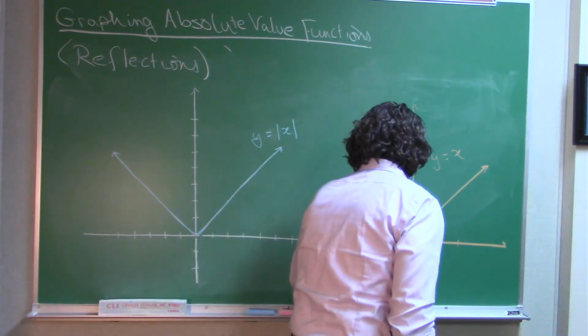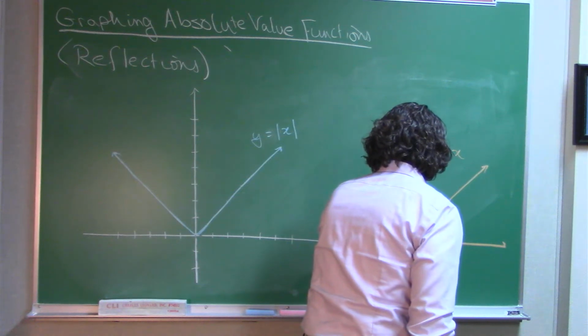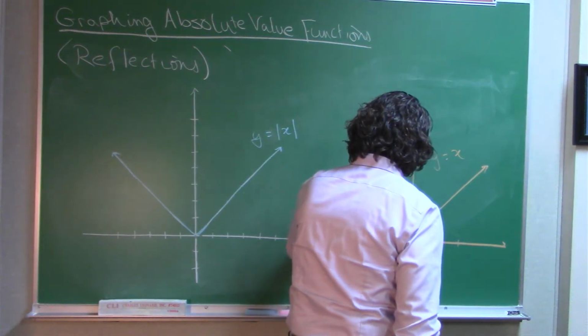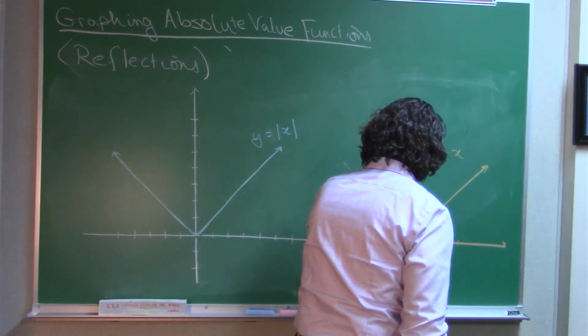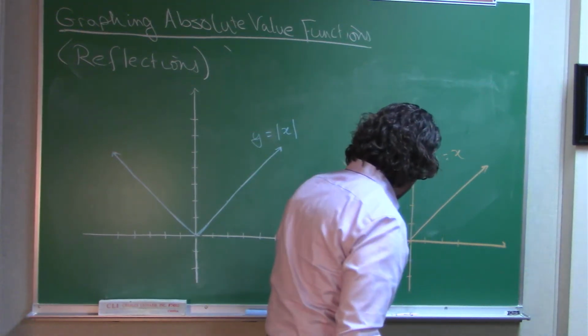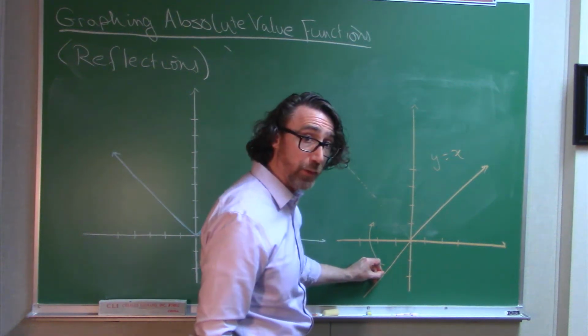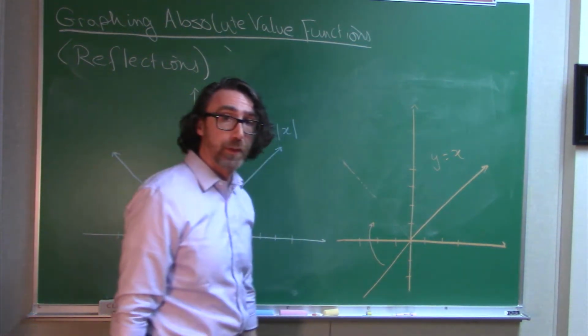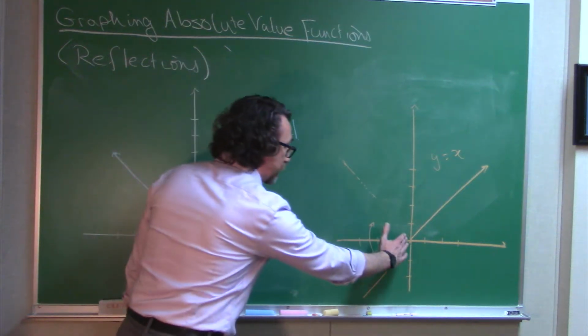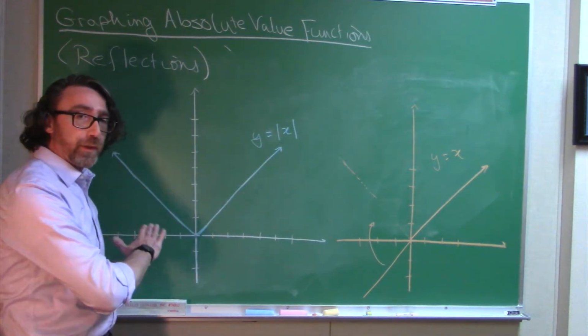If I were to reflect this up, giving the mirror image, instead of going 1 unit below, we're going 1 unit above. Instead of going 2 units below, like we are here, we're going 2 units above. If we do that, we get what we have over here.